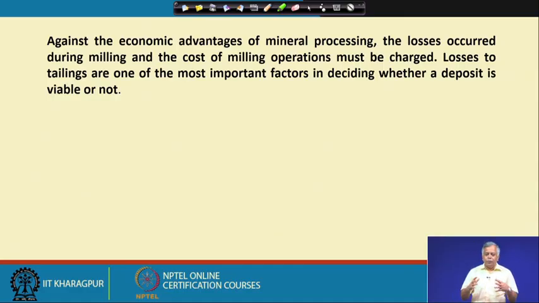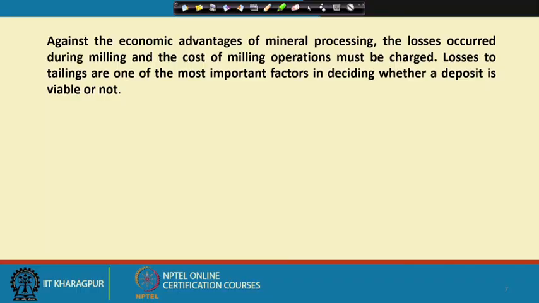That is, you have to break the material to free them from one another. That is, your gangue and your wanted material have to be, to some extent, in a free state to enable separation based on their physical property differences. But that also consumes energy, and there will be losses during this milling operation.